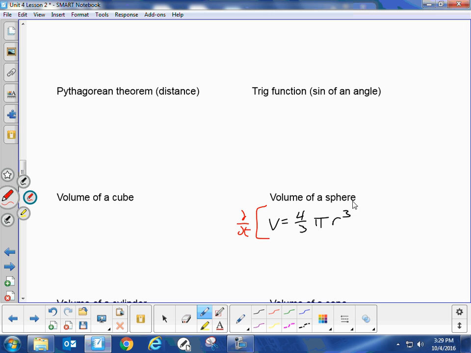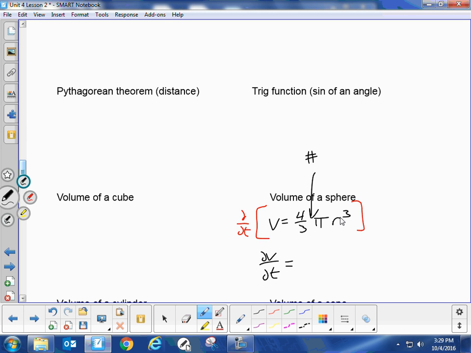Watch what happens when I take the derivative of the volume of a sphere with respect to t. I get dV/dt is equal to 4/3 pi, which is just a constant. It's just a number. So we're not going to worry about 4/3 pi, but we will take the derivative of r cubed.